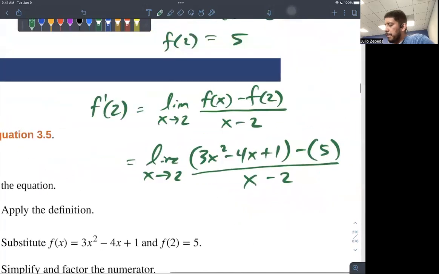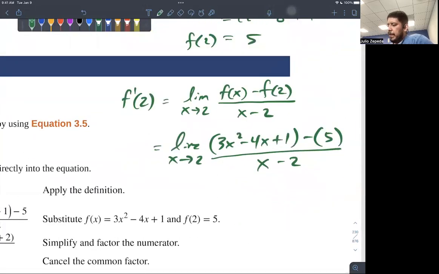So let's continue here. We'll simplify a little bit if we can. The limit as x approaches 2 of 3x squared minus 4x, and then plus 1 minus 5 gives us a minus 4, right? Divided by x minus 2.